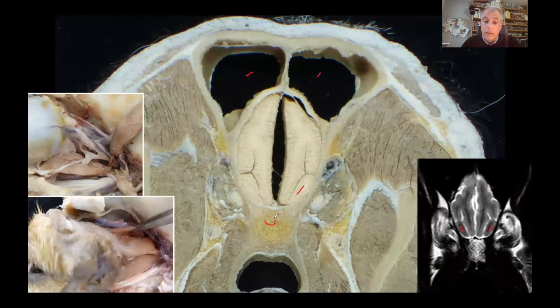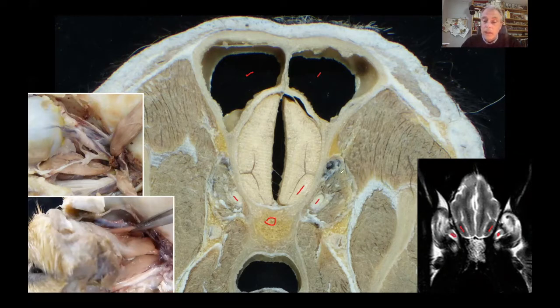Here, this is the presphenoid bone, and again, we see the optic nerves here and the other one. Where are the optic nerves here? At this level, as you see, very close to the encephalon. Here are the optic nerves.